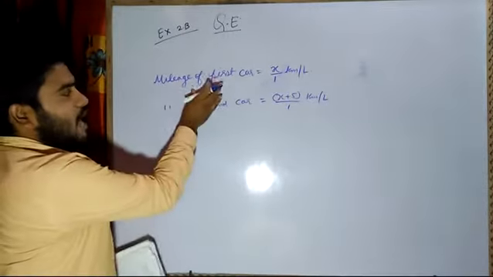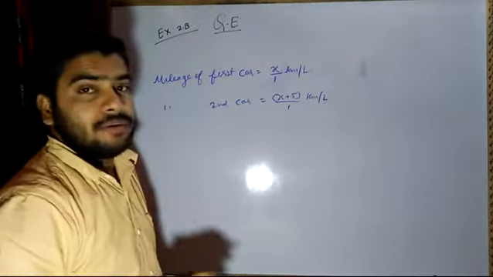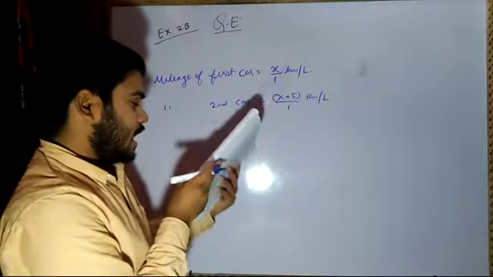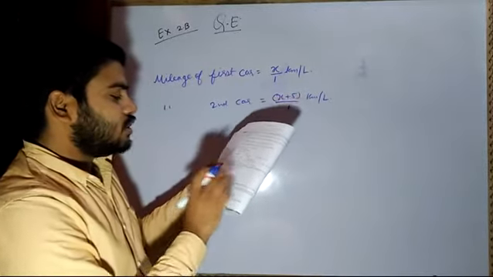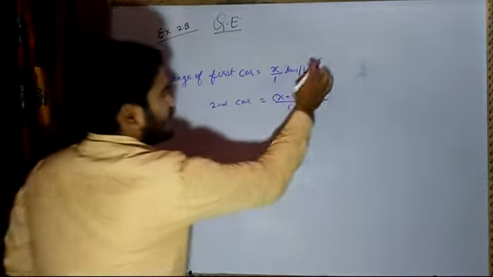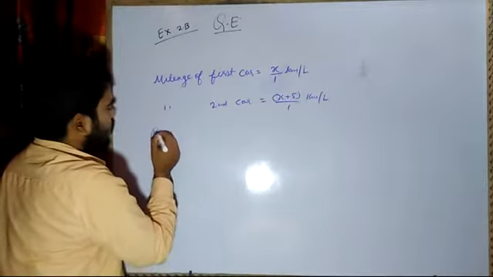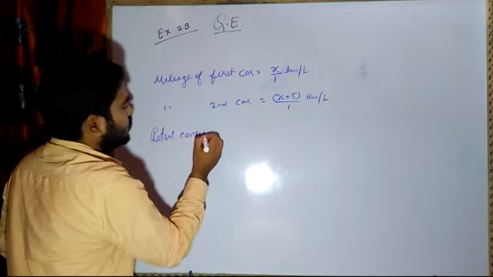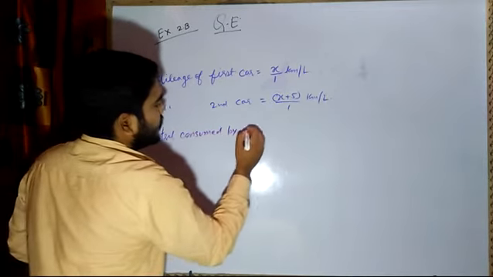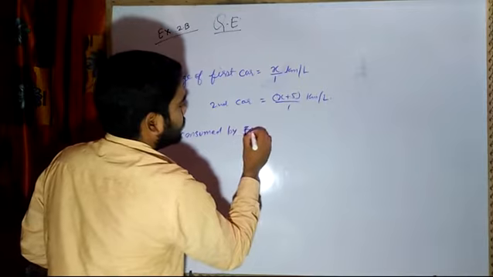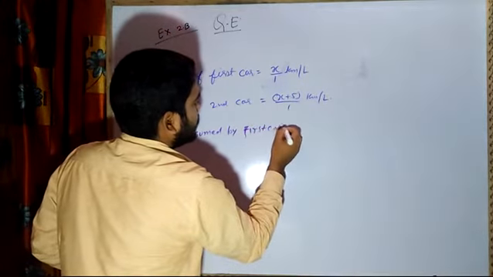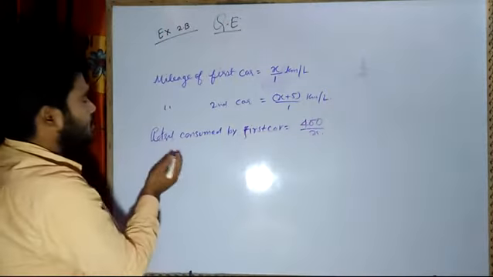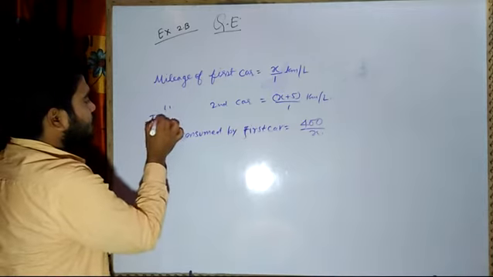Now, if this vehicle has to cover a distance of 400 kilometer, what will be the petrol consumption? The second statement says that the first car uses 4 liter more than the second car. So first of all, covering distance. Petrol consumed by first car in covering 400 kilometer will be equal to 400 by x.